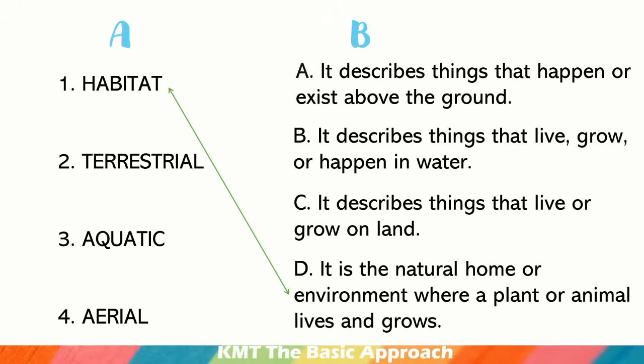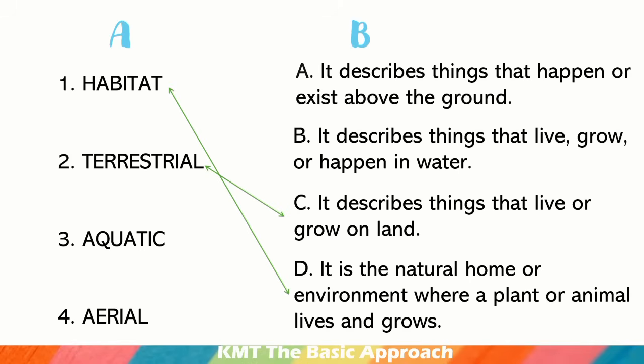Number 2. Terrestrial. What is your answer? Good job! The correct answer is letter C. It describes things that live or grow on land.